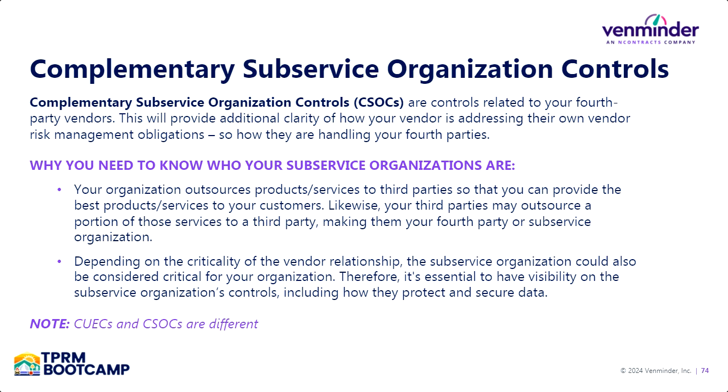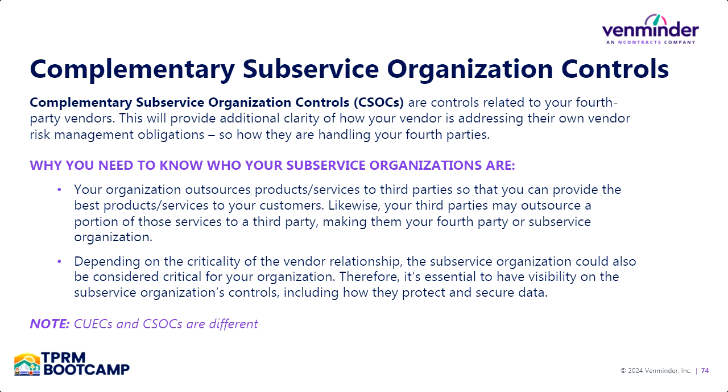Complementary subservice organization controls, or CSOCs, these are controls related to your fourth-party vendors. So these are controls that your vendor says, hey, our subservice organization is responsible for these areas, these specific controls. They should provide a list within the SOC report, clearly defined what that fourth party does. And it's good for you to know about them, to understand them, because you want to understand the impact to you.